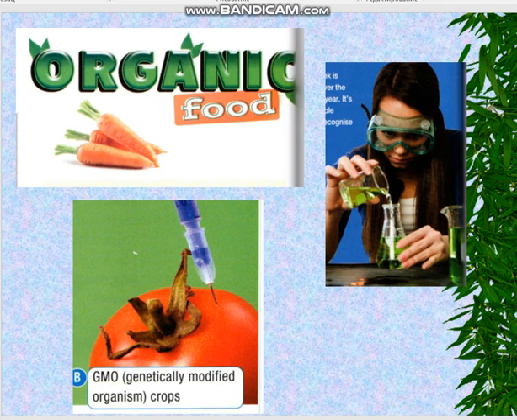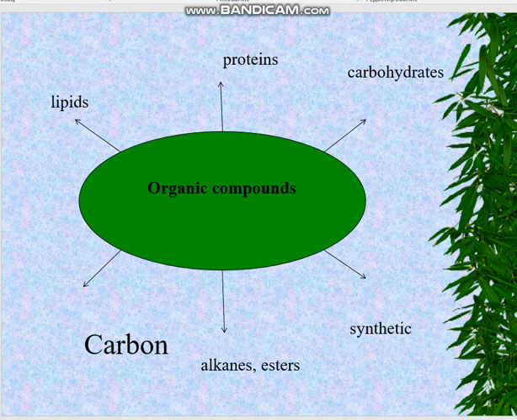Today we are going to discuss organic and inorganic compounds because it's a really important aspect to being able to classify substances according to their type. In this diagram, you can see in the middle organic compounds.